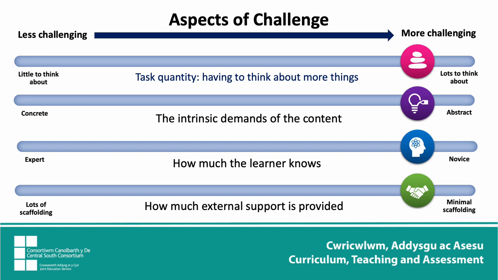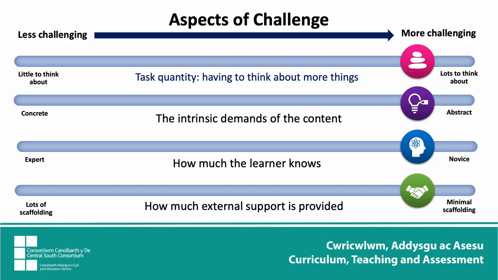Then you've got the intrinsic demands of content. So you've got concrete to abstract. A good example of this would be in mathematics. If you're teaching using manipulatives, then number is concrete. As soon as you remove those and start doing mental maths, number becomes abstract, and therefore it's cognitively more demanding. Now, there's lots of other things that you could explore here.